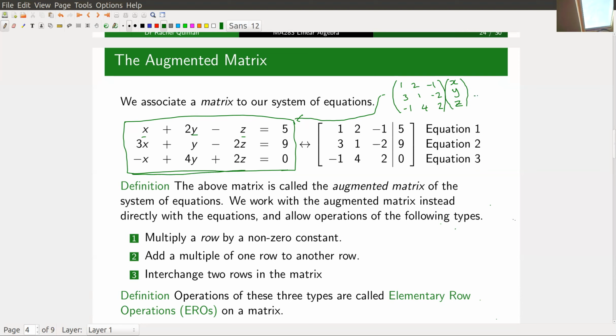And for the system to be satisfied, that would have to be equal to 590, which is what's written on the right-hand side of the system of equations.